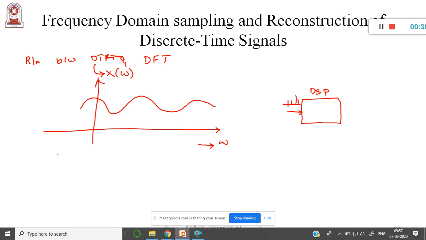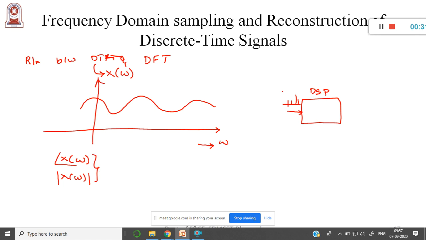The reason why we don't prefer the DTFT is that you cannot calculate the phase and magnitude of this. It is very difficult to obtain the phase and magnitude of the DTFT signal. And if I want to process it in digital signal processing, this is not a discretized signal. It is once again a continuous signal.